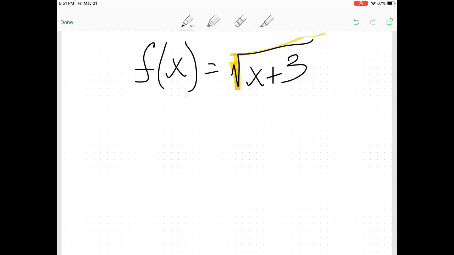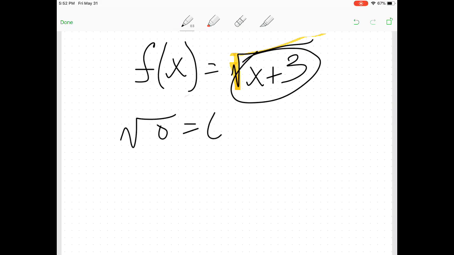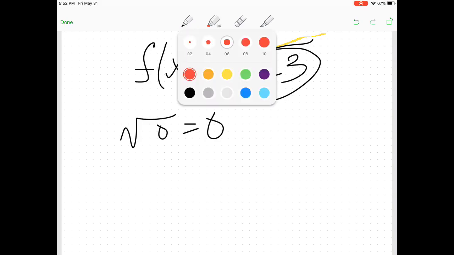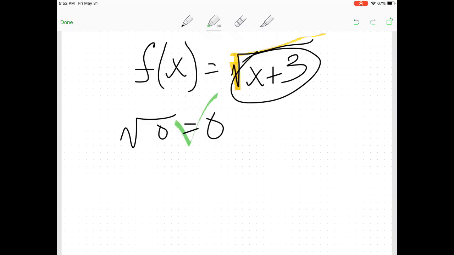So now your question might be, well, what is the domain of this function? So basically what we just found is we do not want to take the square root of a negative, okay? Whatever is underneath this square root sign here, we want that to be non-negative. Can you take the square root of 0? Yeah. Square root of 0 is just equal to 0. That is okay. Taking the square root of a negative number, that is not okay.